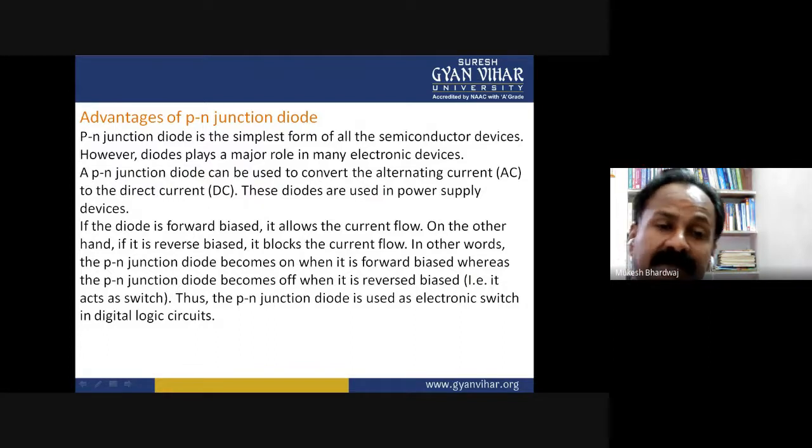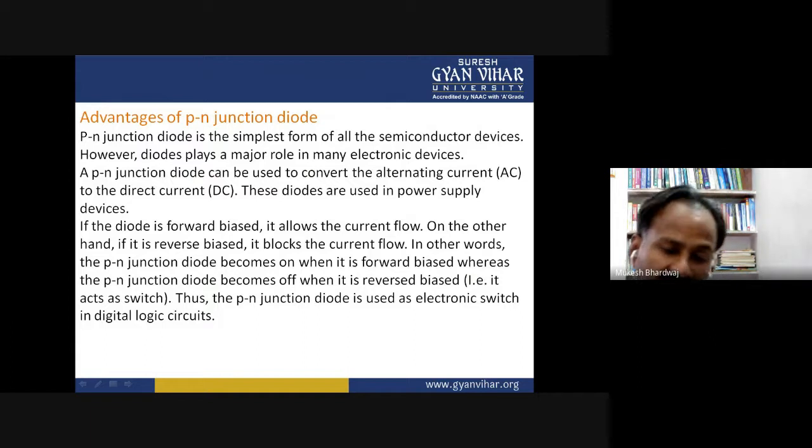When alternating current is applied across the diode, the diode behaves like a valve. Alternating current is sinusoidal in nature. It increases, then starts decreasing, and then increases on the negative side. That is, the polarity gets changed. So in the first half the diode works under forward bias, and in the second half it works under reverse bias.